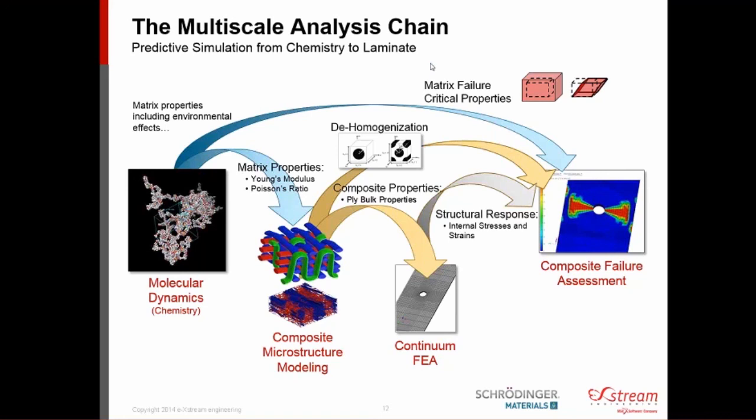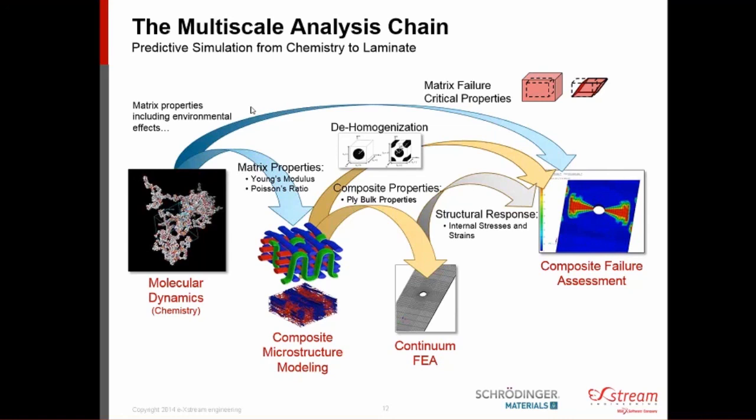So revisiting the multiscale analysis chain. When we looked at this before, we had some options for how to do it. I'm going to talk a little bit about how we would actually do this in practice. The molecular dynamics piece that Andrea just described would compute the matrix properties from chemistry.